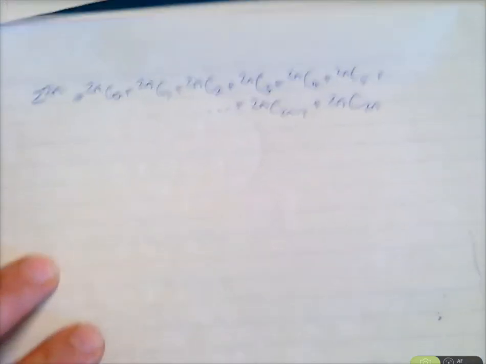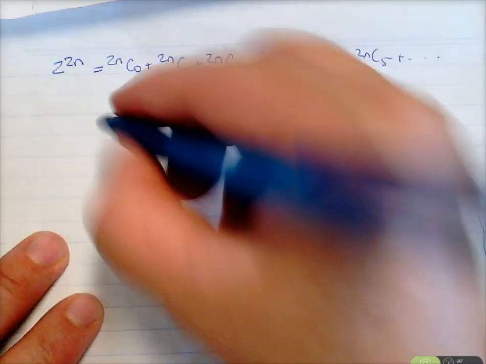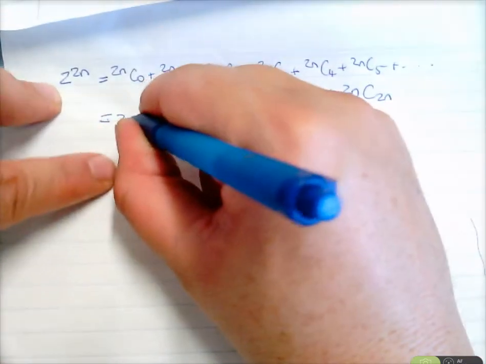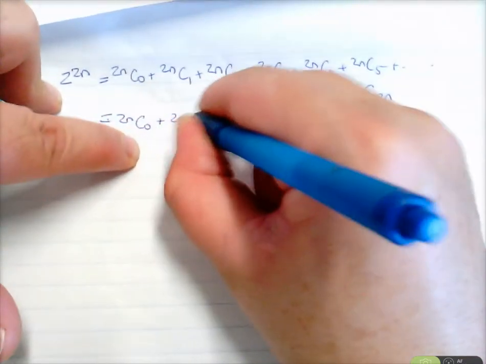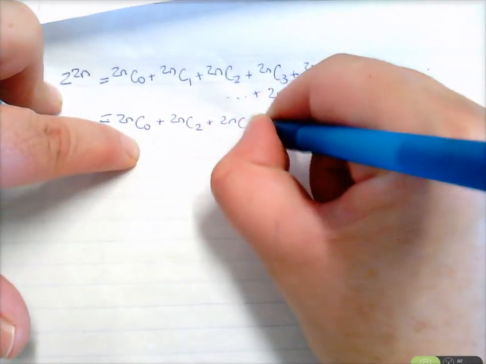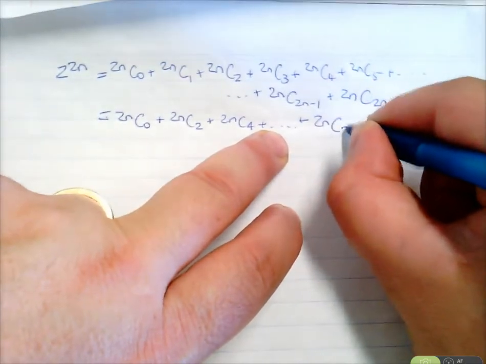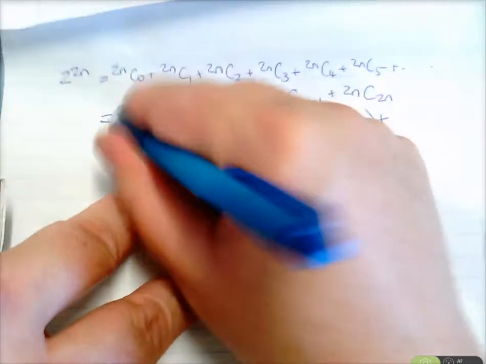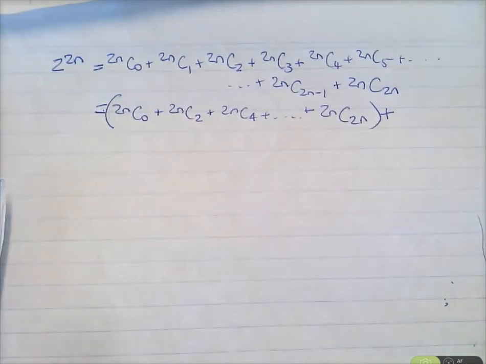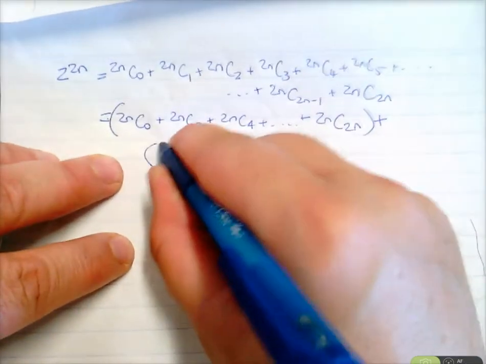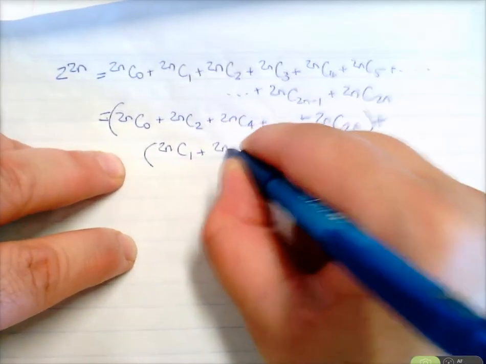I already had that, that was my equation 1 at the top. Now what I'm going to do with that is group them, which is 2nC0 plus 2nC2 plus 2nC4 plus ... 2nC(2n) plus, so I'm grouping them into evens and odds. Do you see what I've done?